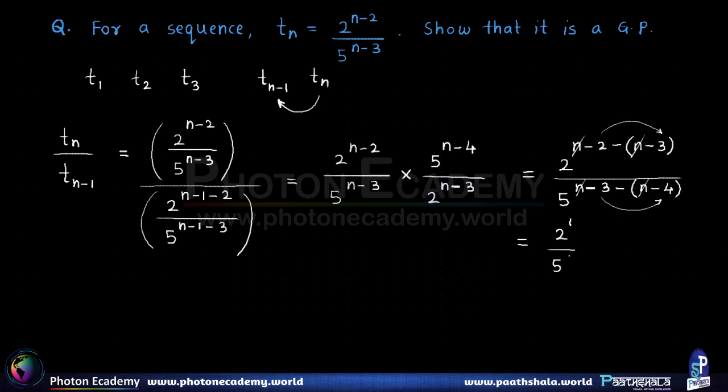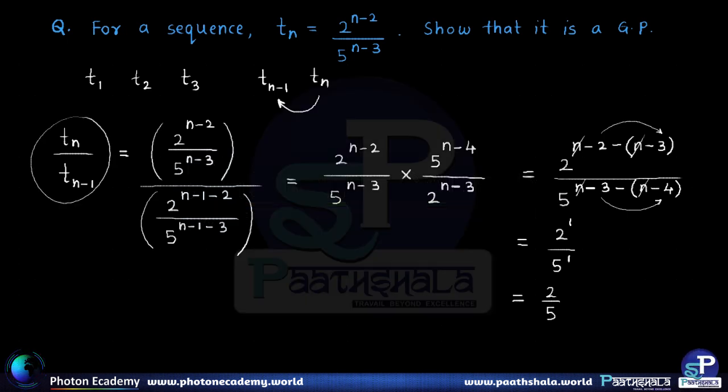So that turns out to be 5 raised to 1, which is nothing but just 2 by 5. So we have shown that the ratio of any term to the previous term is 2 by 5, which is a pure constant. It does not depend on n. So it does not matter which ratio we take, it is going to be a constant term. Therefore the given sequence is a GP.